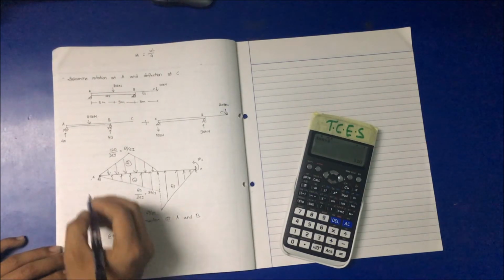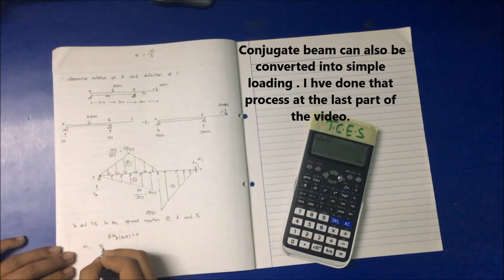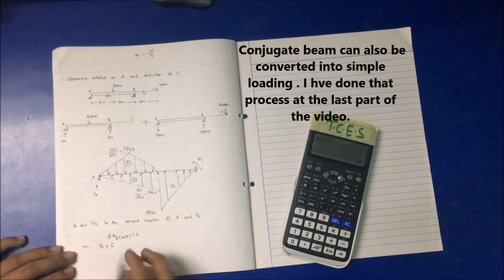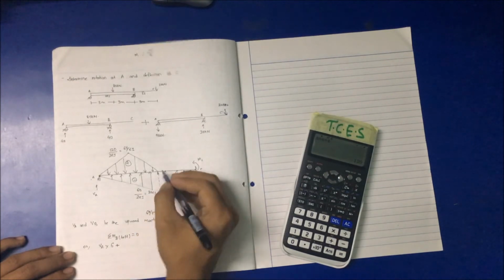So here VA multiplied by 6, the span, and there is the triangular loading of 30 by EI.